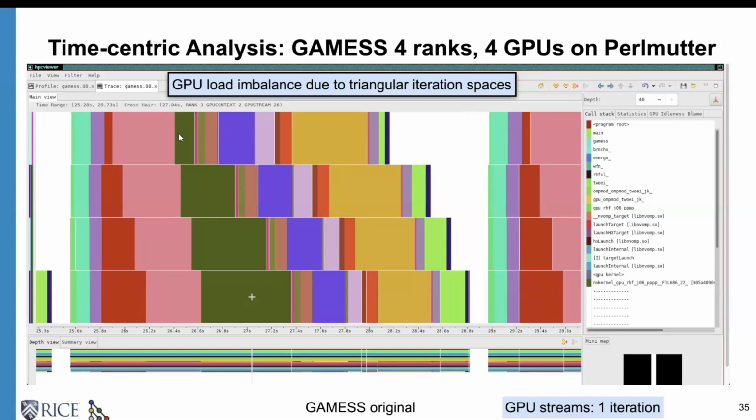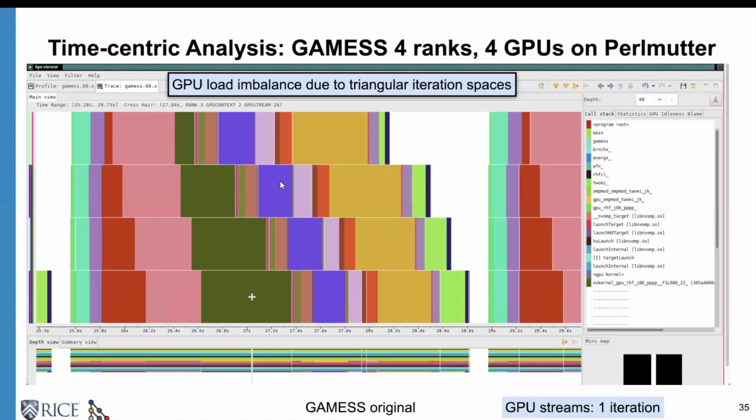And in fact, there's load imbalance inside their J06 kernel. When we showed them this, they realized that they were taking a triangular iteration space and giving everybody the same number of rows. So the further you get along the triangle, the longer the rows are, and that led to this load imbalance. And then there's a similar load imbalance here as well.